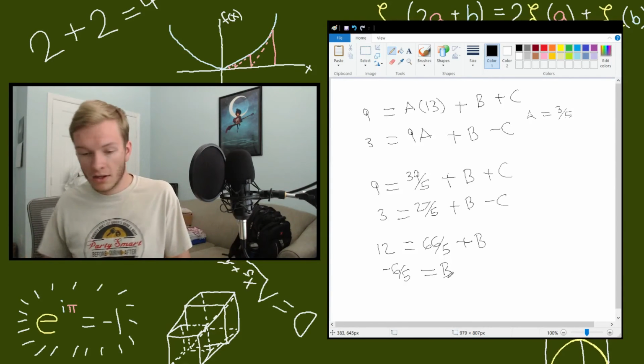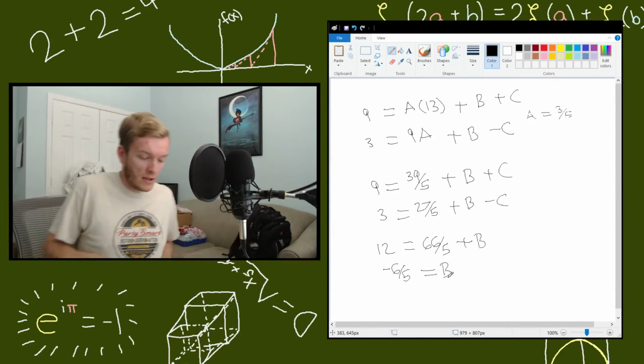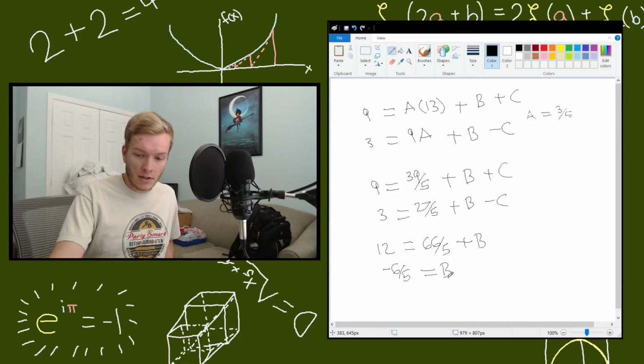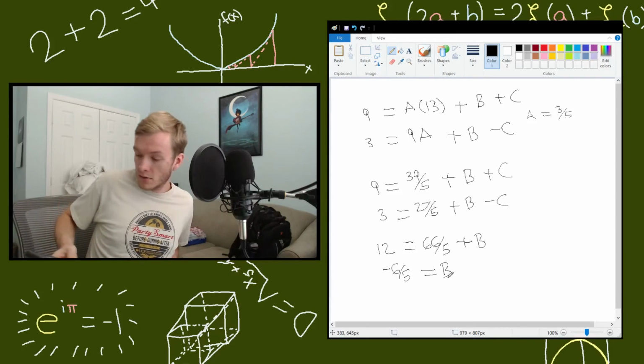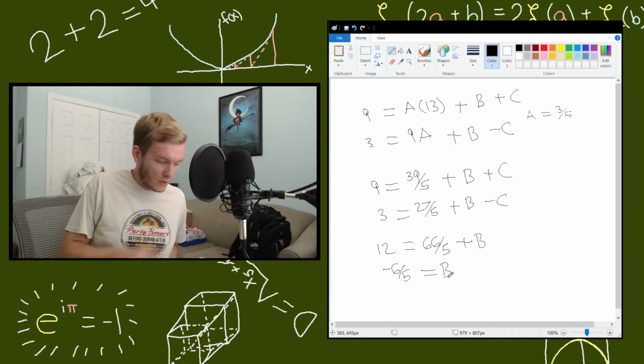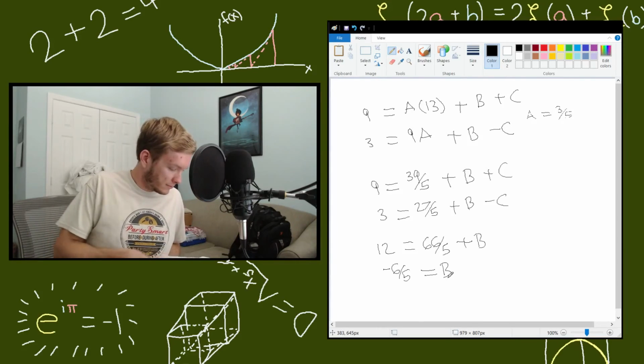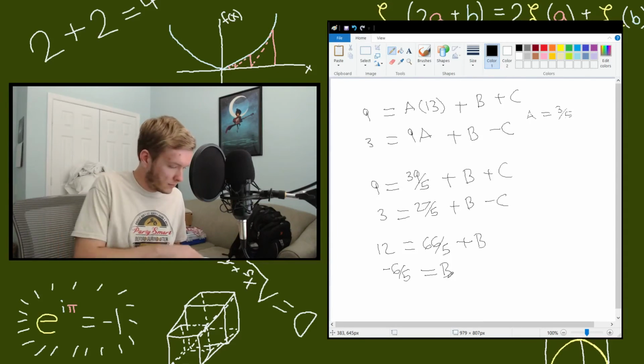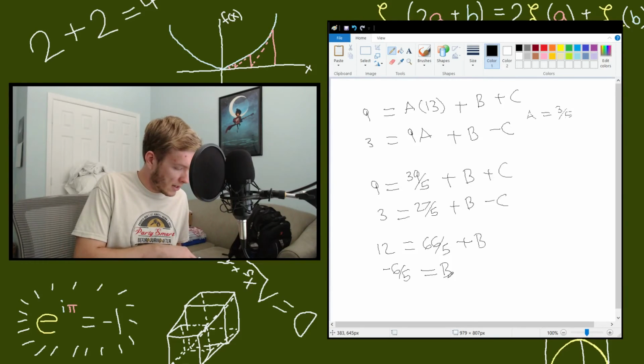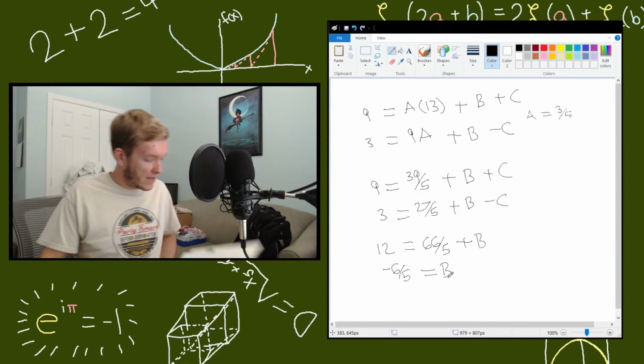Let me just make sure that that is correct. I had this open to the right page, and then I closed it out. And I don't believe that is correct.